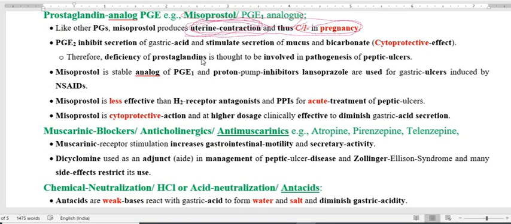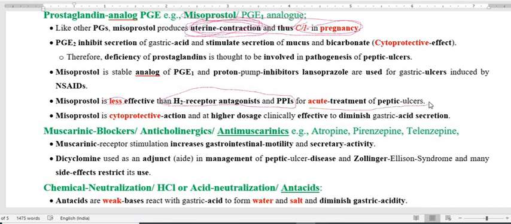Misoprostol is less effective than the H2 receptor antagonist and the proton pump inhibitor, and because of the lesser efficacy it is not used for the acute treatment of peptic ulcer.